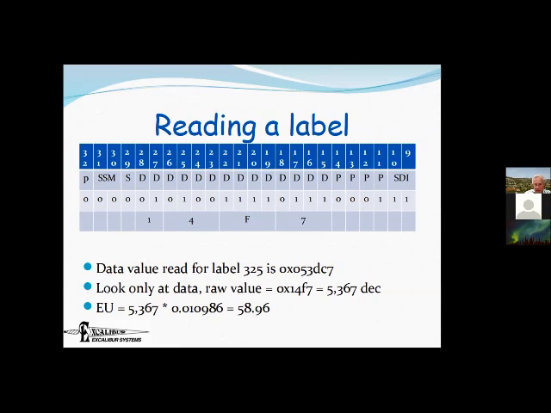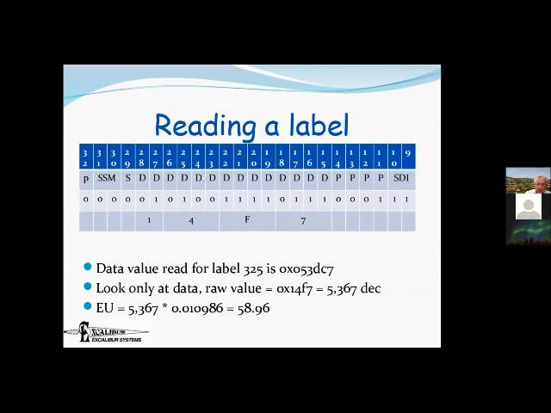Now here you can see why it's important not to trust the spec, because if we had multiplied 5367 by just 0.01, we would have ended up with 53.67. But the real value is 58.96 because it's not 0.01, it's 0.010986, which, when you multiply it by a large enough number like 5,000, turns out to make a difference.